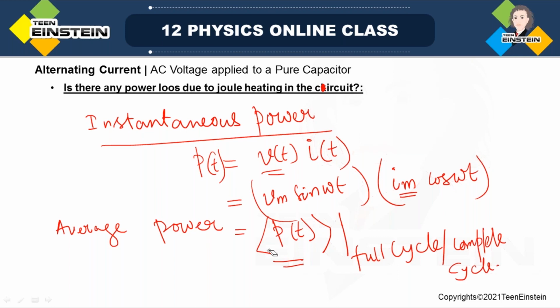What will we be getting actually? This P average, suppose this is written as capital P, will be Vm Im.